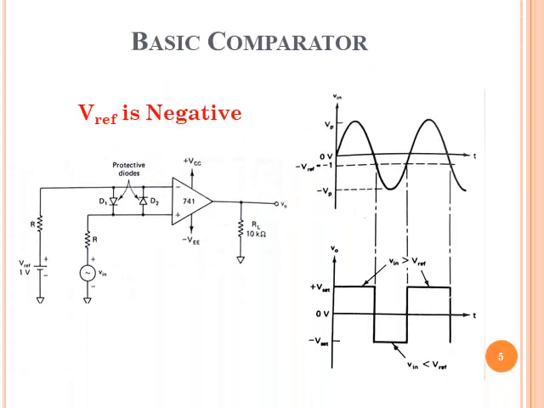This is the circuit when the reference voltage is negative. Again, you can see here, when V in is greater than V reference, since V in is applied on the non-inverting terminal, the output voltage becomes positive and equals plus V saturation.